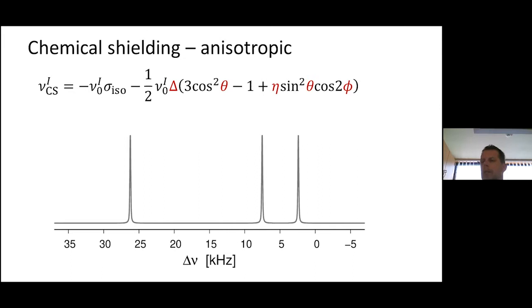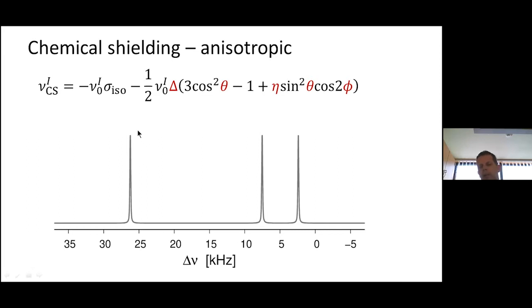That in solids usually means that we have to work with powders, with polycrystalline material, or with material with many particles. And if we have many particles, these are usually oriented in all different possible directions. And so we will have contributions with different theta and phi values.